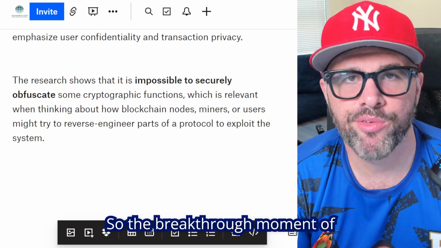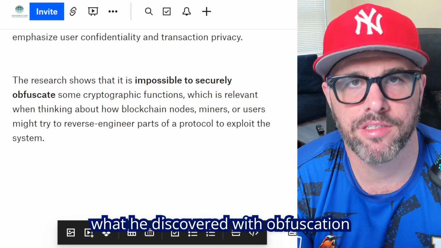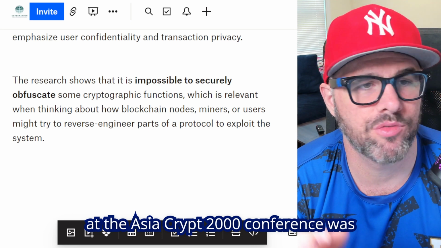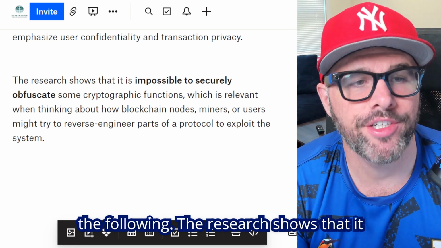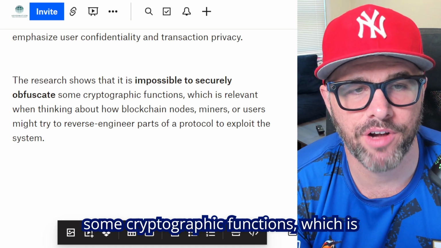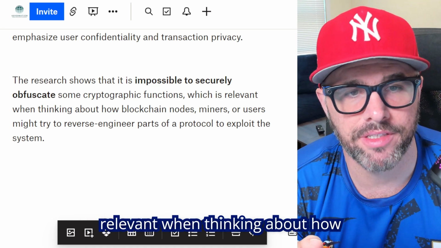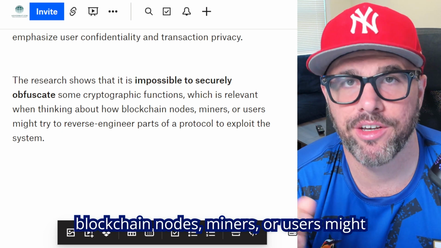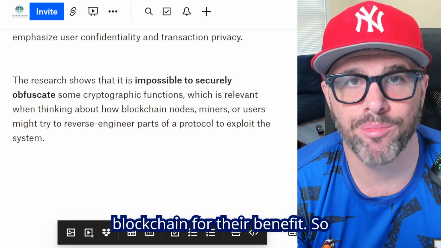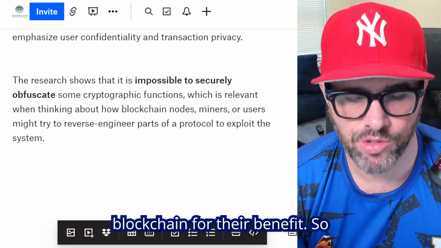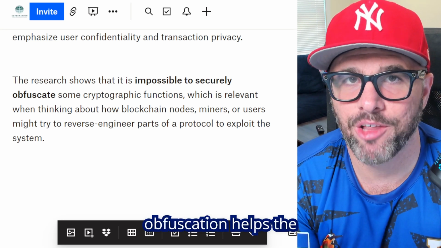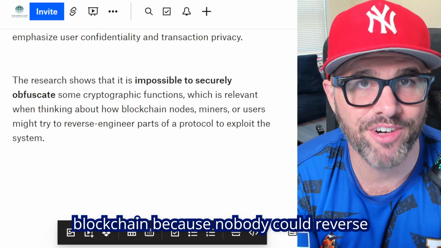The breakthrough moment of what he discovered with obfuscation at ASIACRYPT 2000 was the following. The research shows that it is impossible to securely obfuscate some cryptographic functions, which is relevant when thinking about how blockchain nodes, miners, or users might try to reverse engineer the blockchain for their benefit. So basically, obfuscation helps the blockchain because nobody could reverse engineer it.